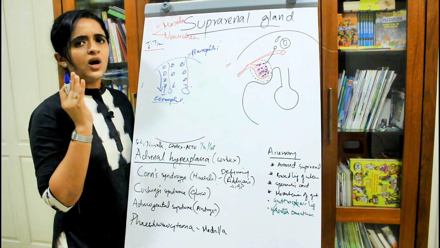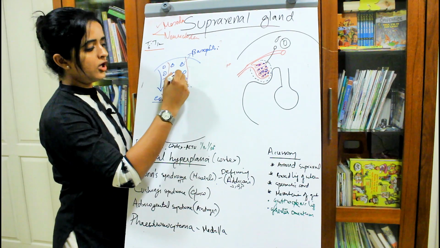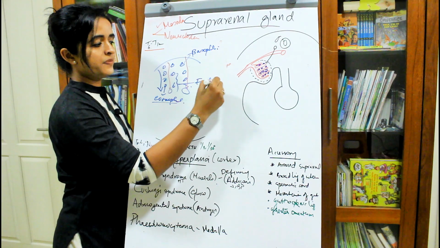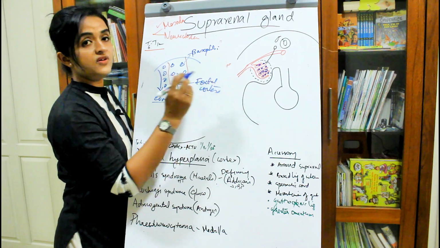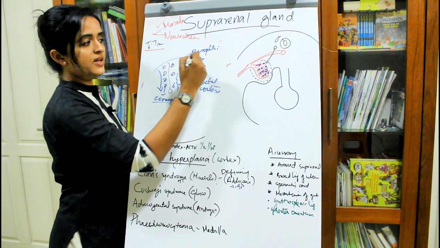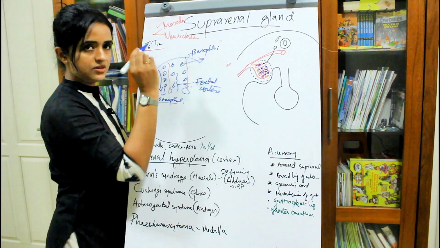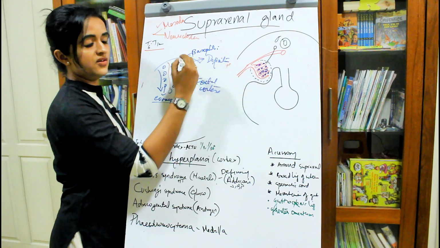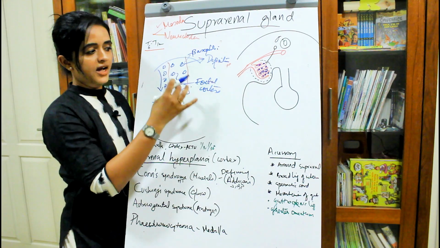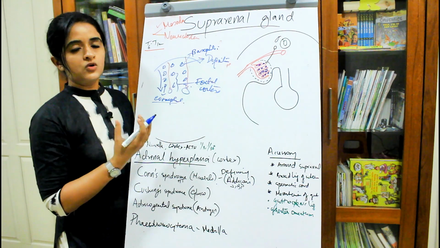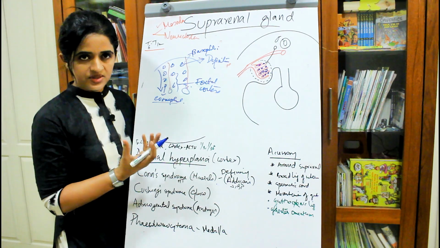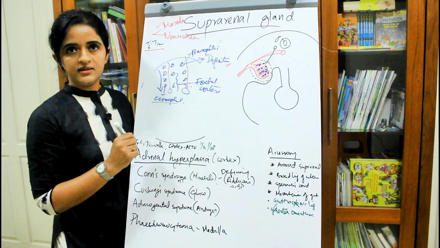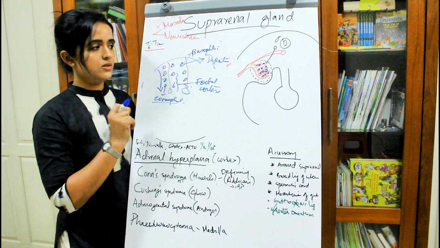At birth, you call the cells with the eosinophilic cytoplasm the fetal cortex, and towards the periphery the basophilic cytoplasm is the definitive cortex. So the definitive cortex is at the periphery and the fetal cortex is more towards the center, towards the medulla or the venous sinuses, and its cytoplasm will be eosinophilic.